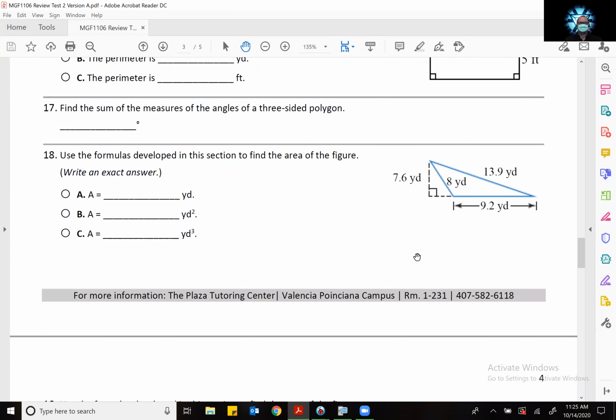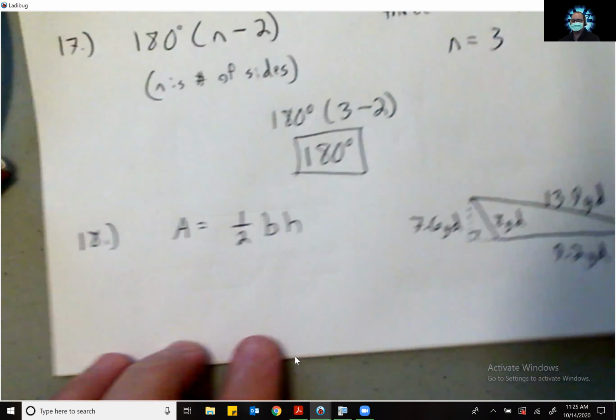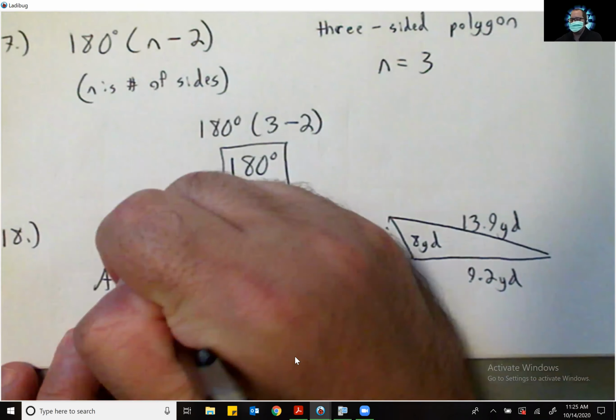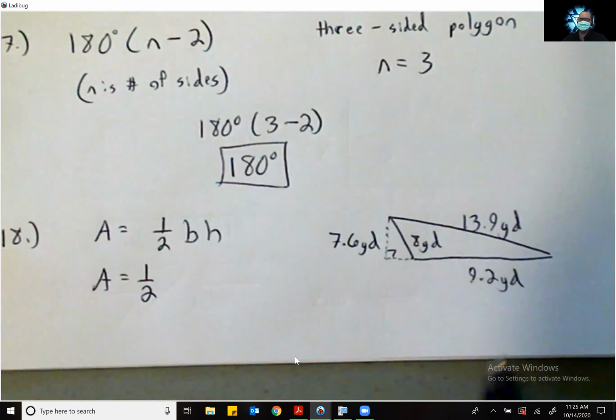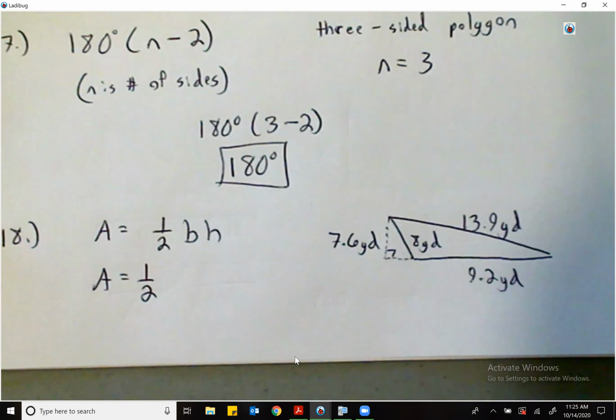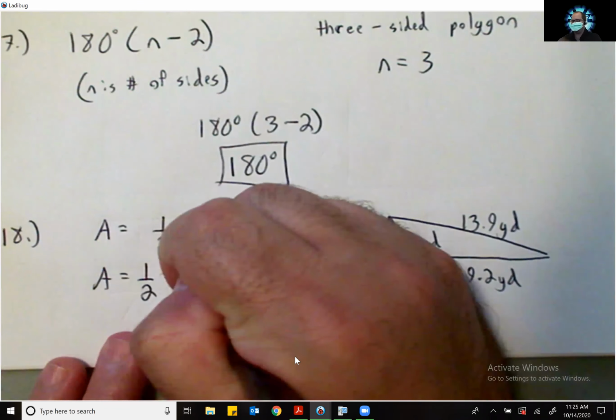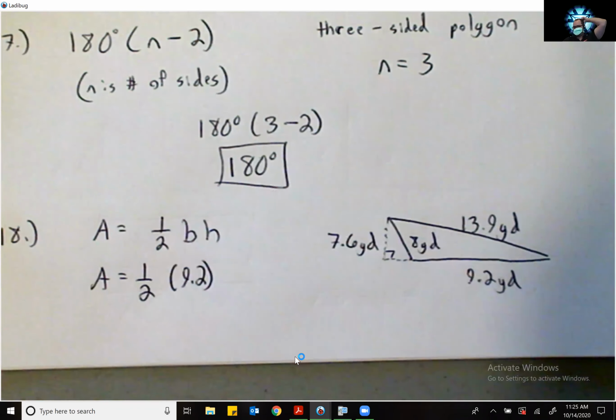So here's what we got. All we need to do is fill in and then do some multiplying. Who is the base in here? That is the 9.2. Who is the height then? 7.6.